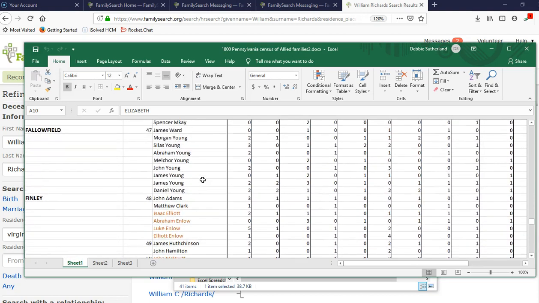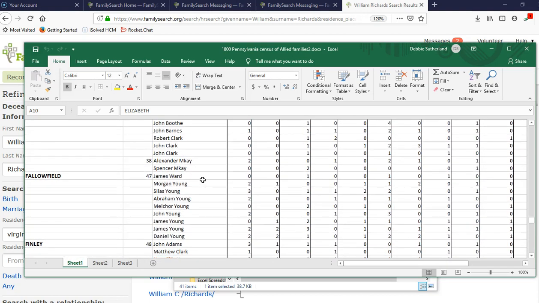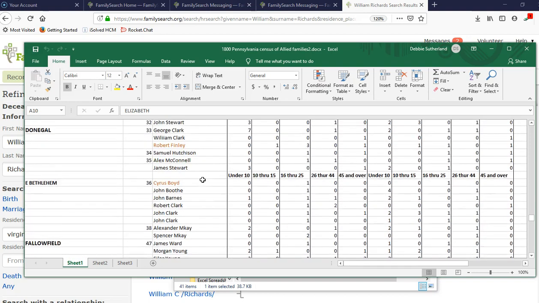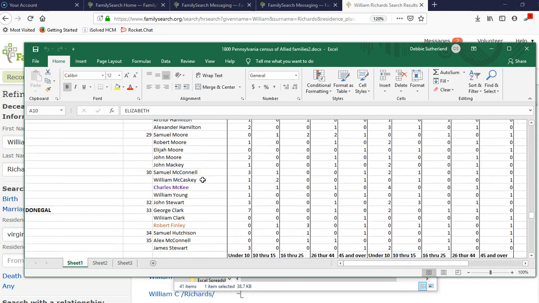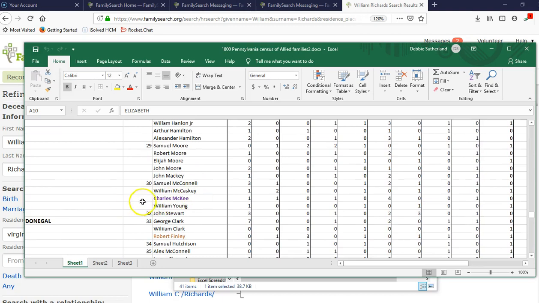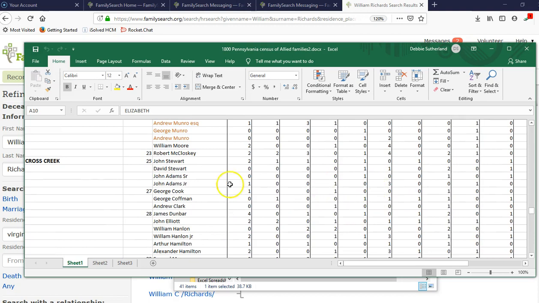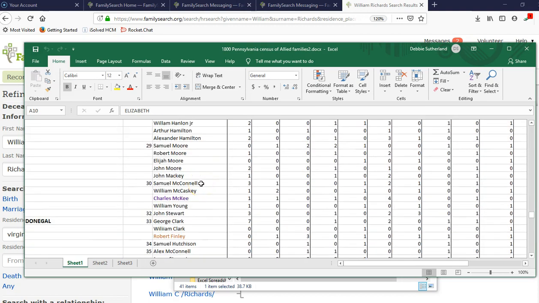So I went through and I took all these given names of all these people that I have a group of people that I do genealogy with. And I just went through and I found all the different surnames that we were researching as a family, trying to find the connections. This here is my grandpa Charles in Cross Creek in Washington County in 1800.